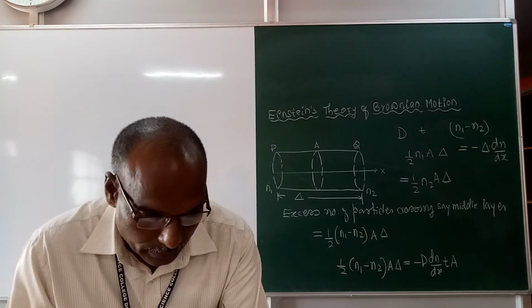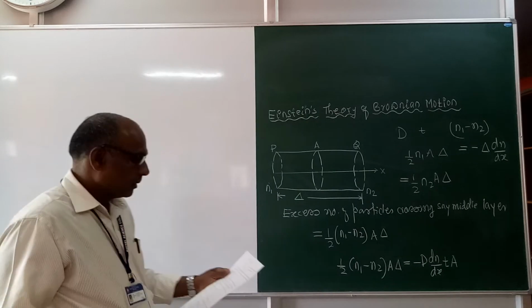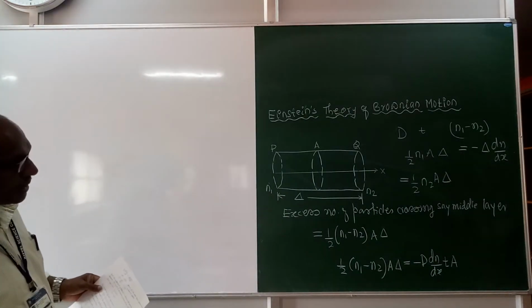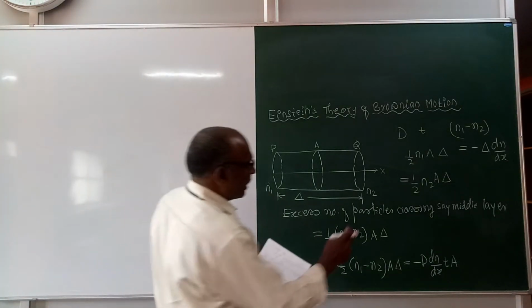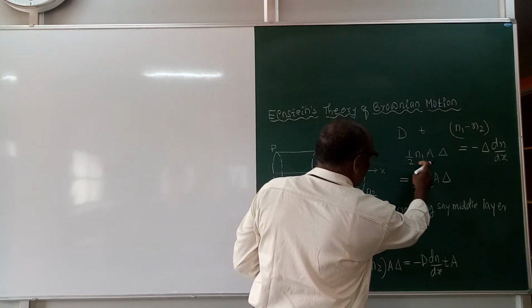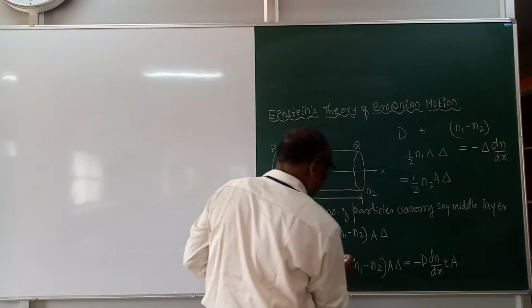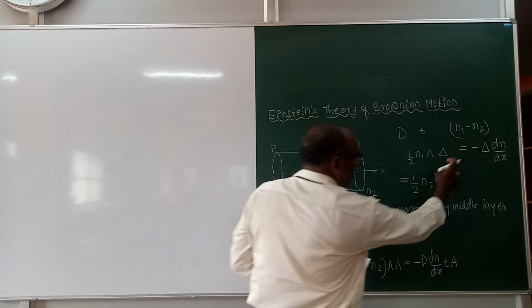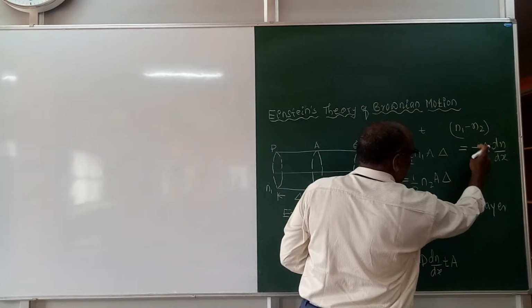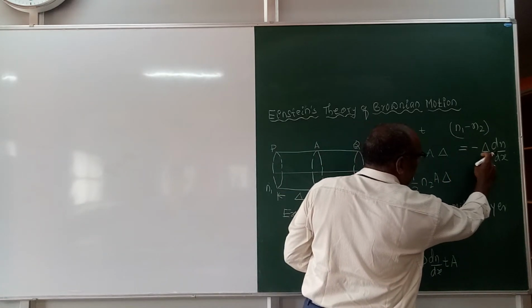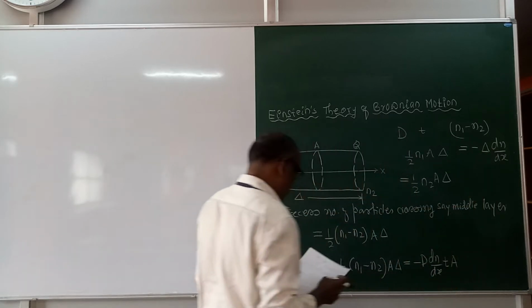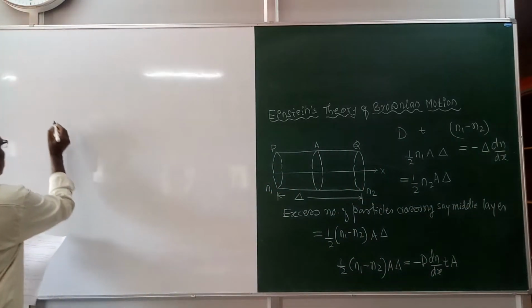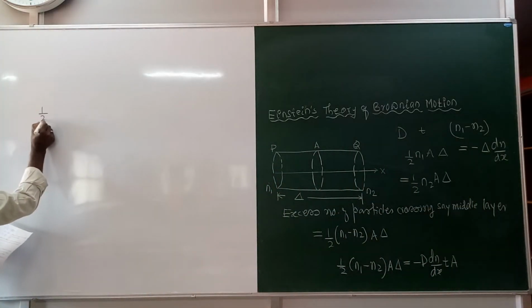So this we can write on the other side here. Half N1 delta A, this we got. We are substituting for N1 minus N2, which is equal to minus delta dN by dx. So I'll write on this side minus half.